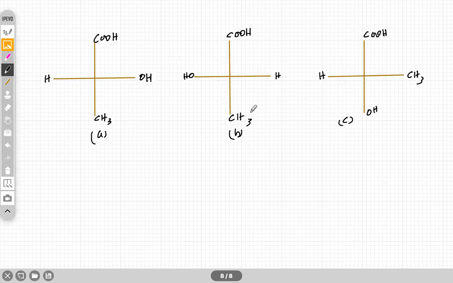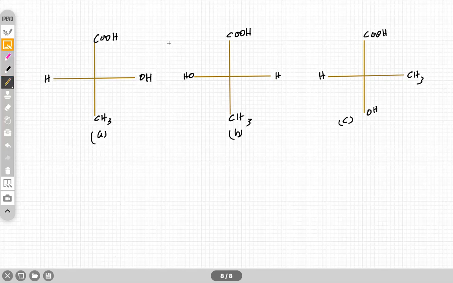A and B are enantiomers. What about A and C? They are not mirror image, right?